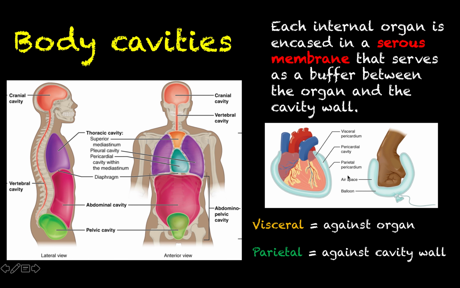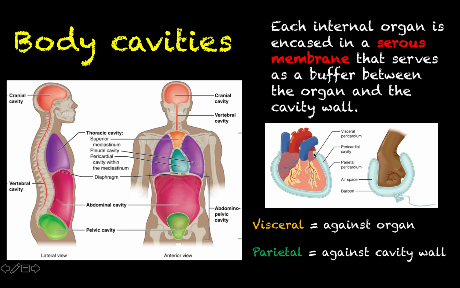And then another common theme that we're going to encounter later in the semester when we start talking about some of these organs in particular is that many internal organs are encased in what are called serous membranes. These are pairs of fluid-filled membranes that coat the outside surface of organs like the heart and the lungs. Here you can actually see that this serous membrane that surrounds the heart is called the pericardium.